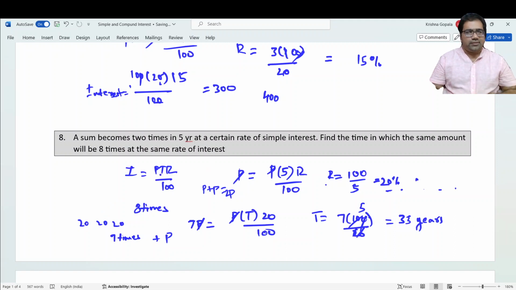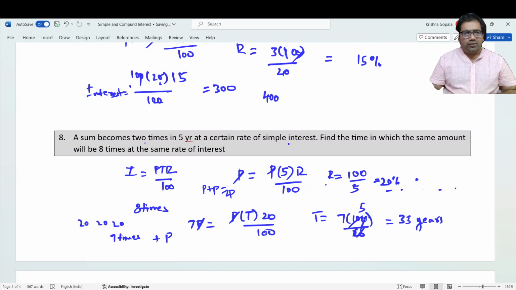The problem is very easy. If it becomes two times, what does it mean? It means the interest that is getting added is equal to the original principal. So the interest is equal to PTR by 100, which is equal to the original P, is equal to P into time into R by 100. R we simply calculated. R is equal to 100 by 5 is equal to 20%.